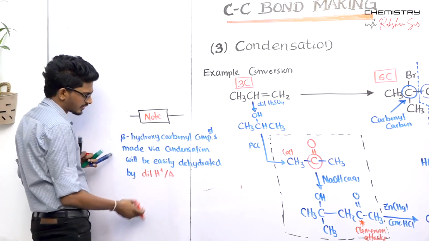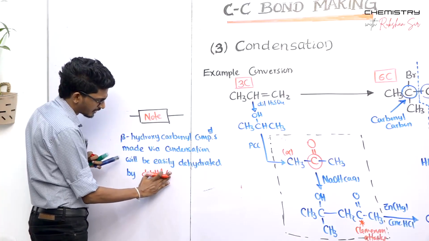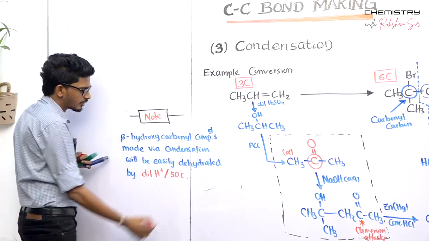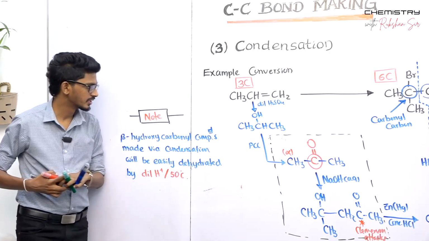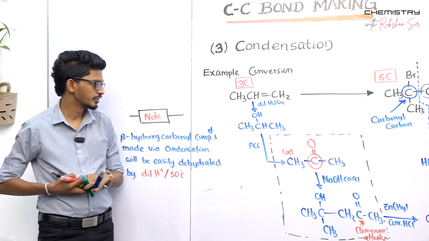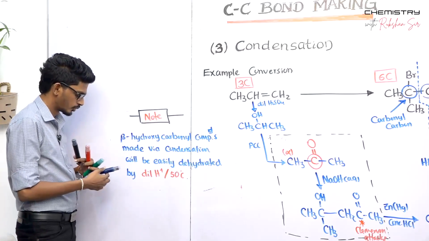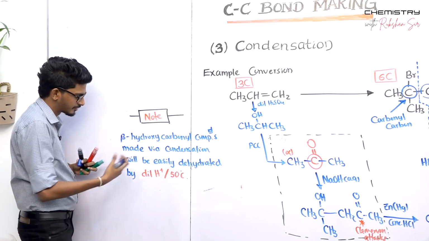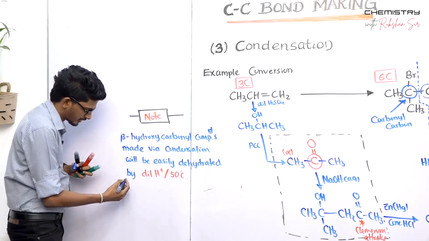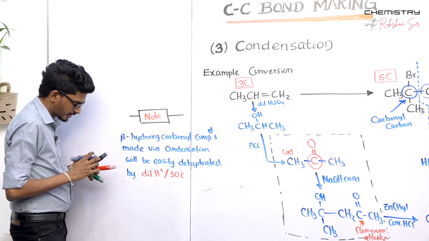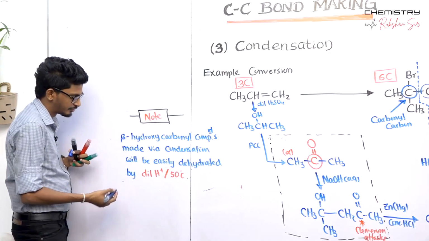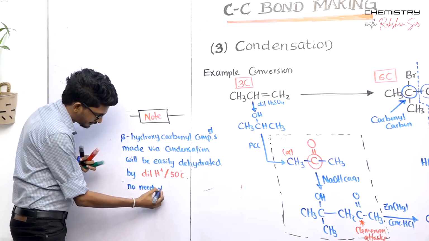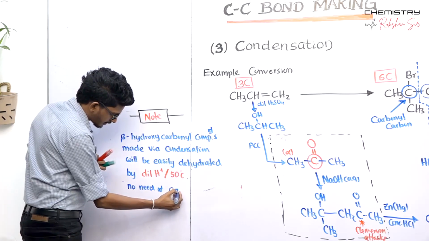Very little heat is enough, even 50 Celsius. No need of a huge amount of heat as in the H2SO4 situation. What I need to say is no need of extreme reagents like conc.